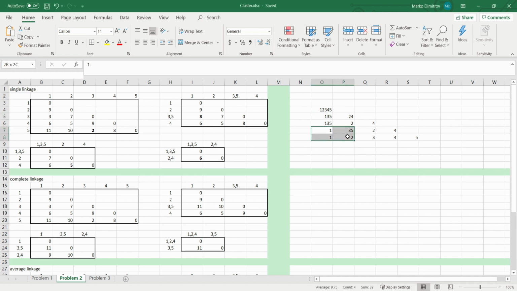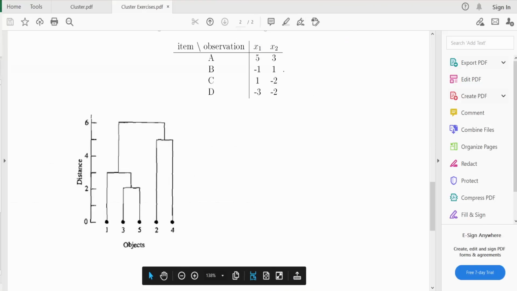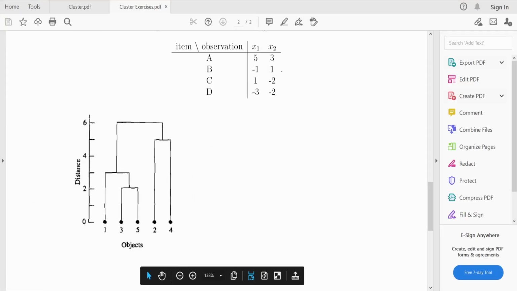You can see here in Excel as well how we create it. Okay, so this is the dendrogram.